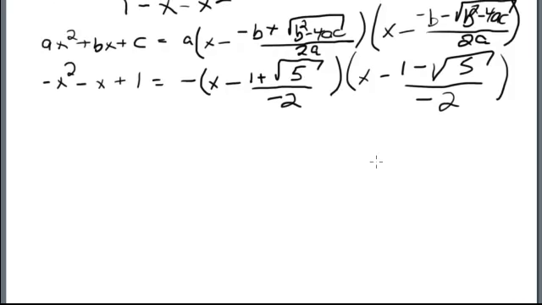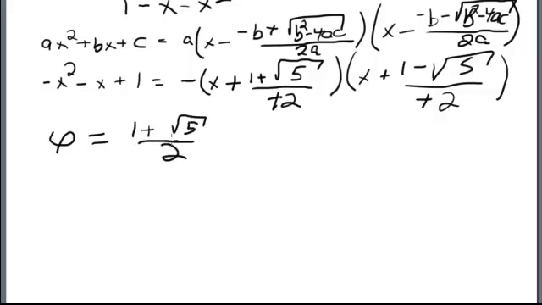So we got our roots, and actually I'm going to make these all plus. And this is a famous number. It's called the golden ratio, and it has a name. They call it phi, and that's equal to 1 plus the square root of 5 over 2.